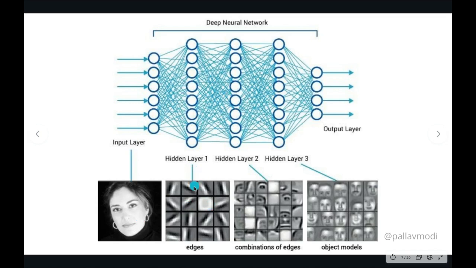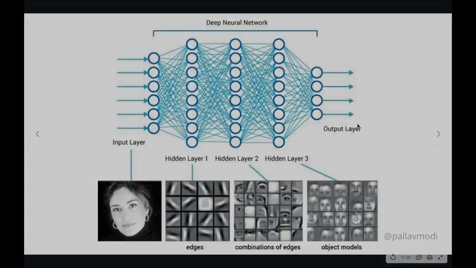The first hidden layer would identify the images, pass it on to hidden layer 2, which will start identifying the combination of edges, where it will start identifying the eyes or the lips. And then when it passes that on to hidden layer 3, it will probably start identifying the whole face, all right? And then it goes into the output layer.